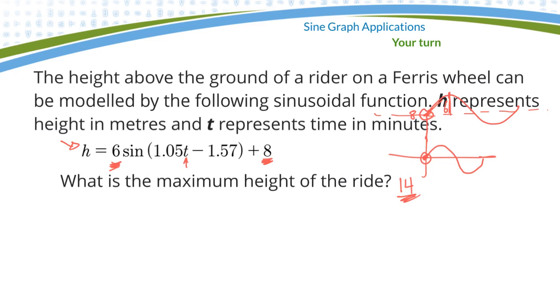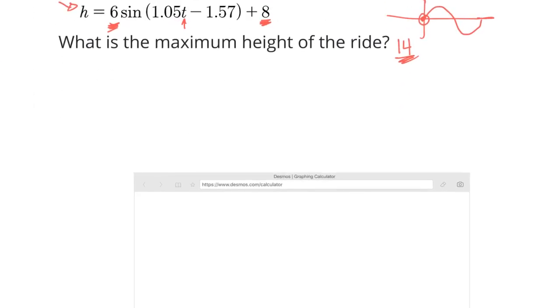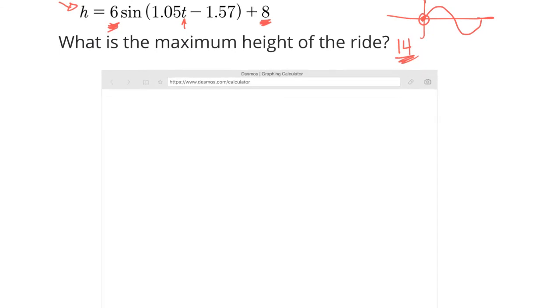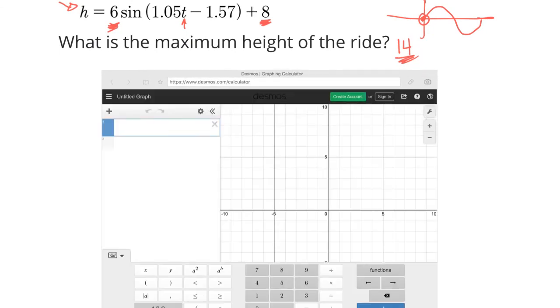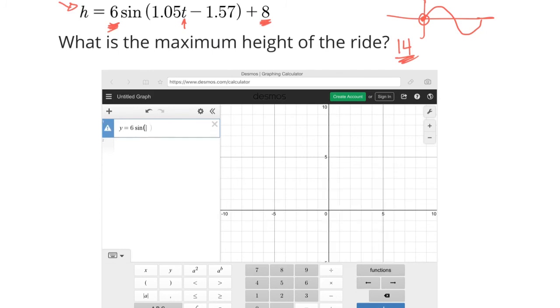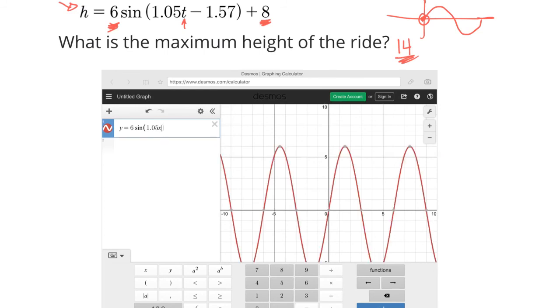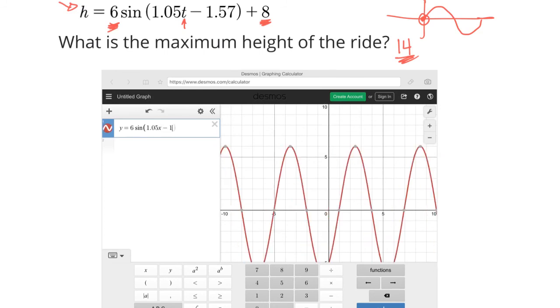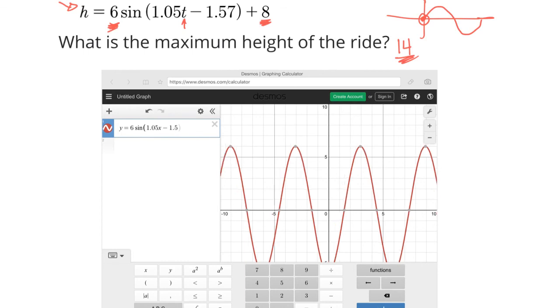Now, we can take a look and plot this and see what happens. So let me leave the function there, and let's plot this in decimals. Okay, so I have y is equal to 6 sine, and then 1.05 x, instead of t we'll use x, minus 1.57.